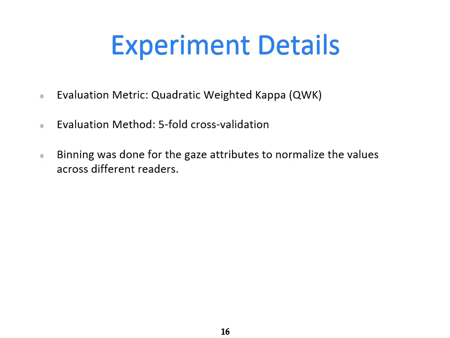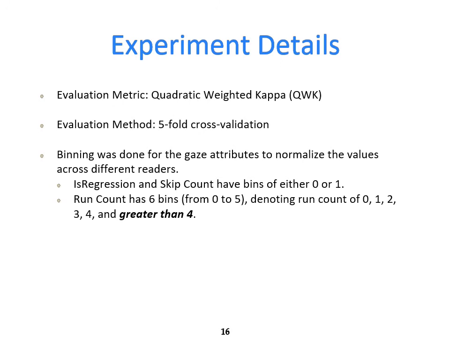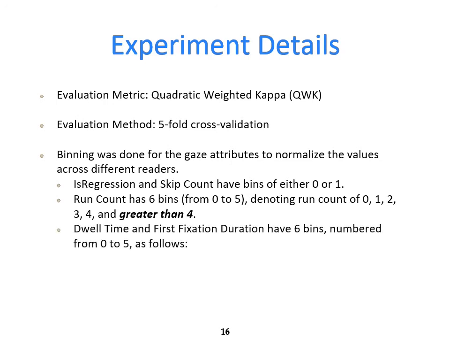Since each of the readers read the essays at different speeds, we use binning to normalize the gaze attributes across different readers. So is regression and skip count, which are binary features, are either 0 or 1 bins. Run count has 6 bins, numbered from 0 to 5, corresponding to run counts of 0, 1, 2, 3, 4. And bin 5 corresponds to run counts that are greater than 4. Dwell time and first fixation duration have 6 bins numbered from 0 to 5.